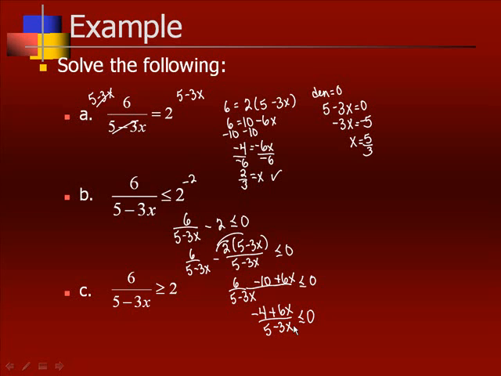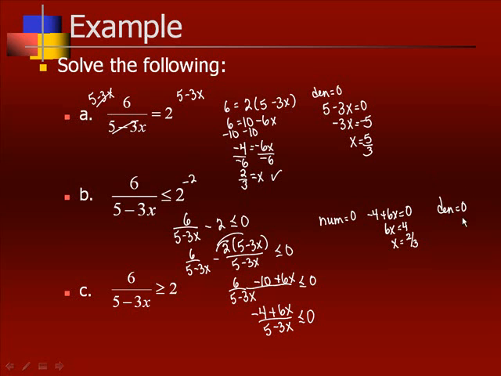So once you get a fraction less than or equal to 0, you find what makes the numerator or the denominator or both 0. So the numerator equal to 0 would be negative 4 plus 6x equals 0. 6x equals 4 or x equals 2/3.